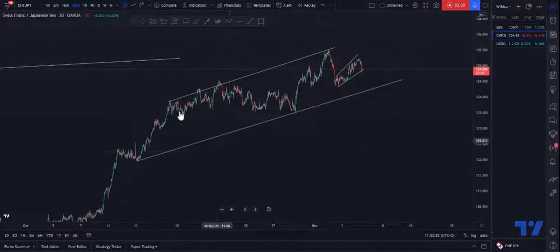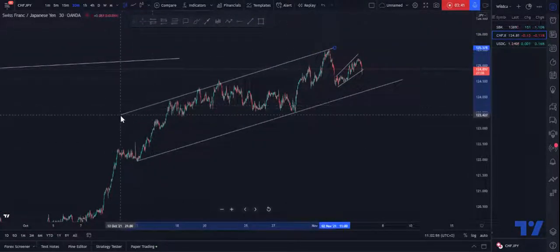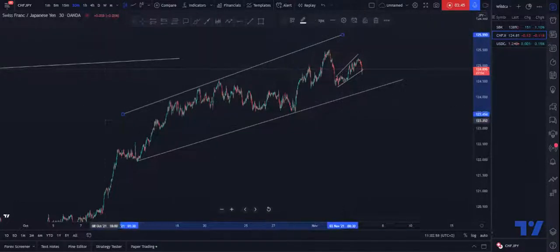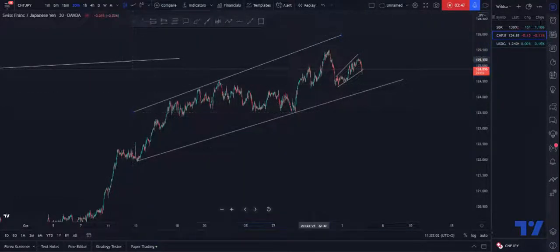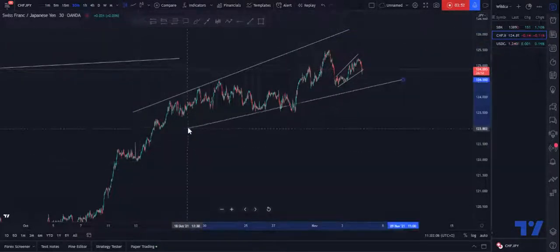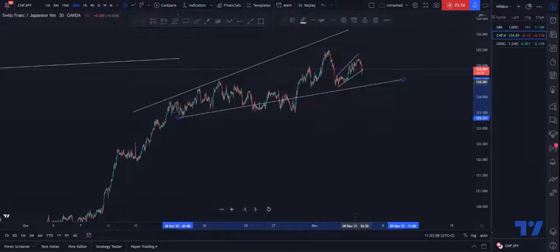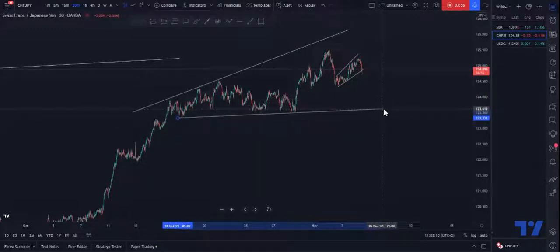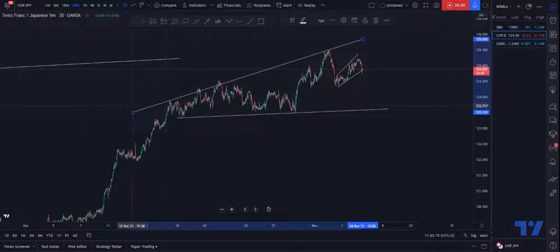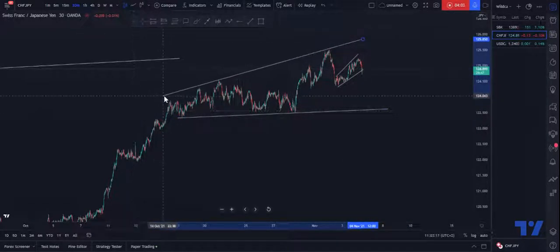However, I won't call it an expanding pattern because it's not fully developed yet. So I'm just going to look for an opportunity. If we get a confirmation, then I'm willing to execute this type of structure. Let me put it here where the actual correction starts, and let's go with this pattern because it's an expanding pattern.